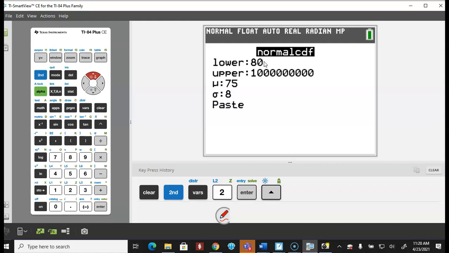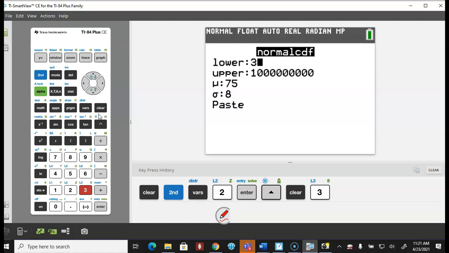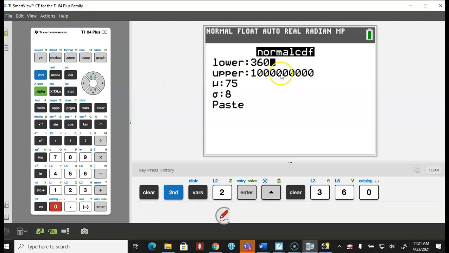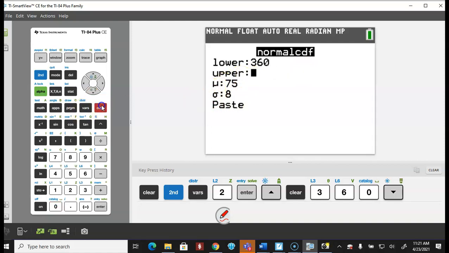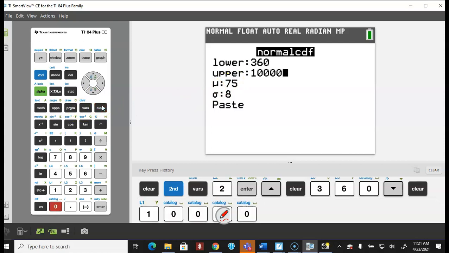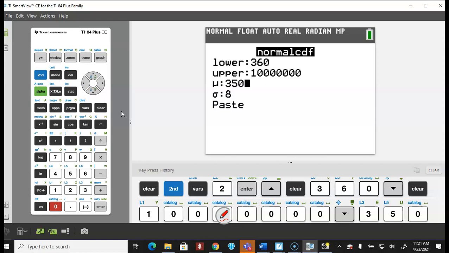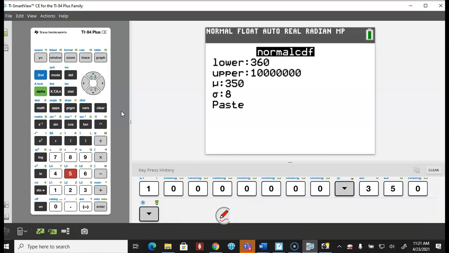So our lower bound was 360, and then our upper bound is 1 million. You can just put a really big number, guys, but I'm going to put 1 million, and then our mu here, remember, was our mean, and that's 350, and then our standard deviation is 54.